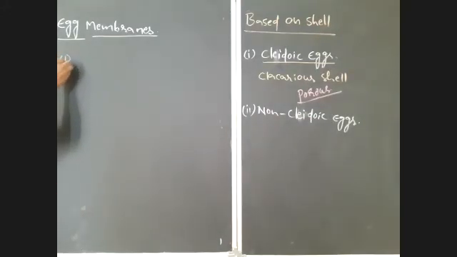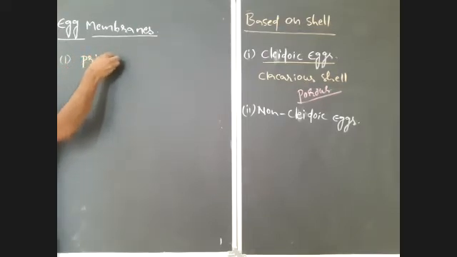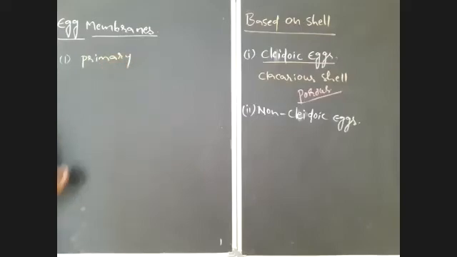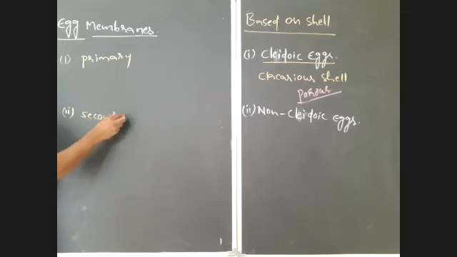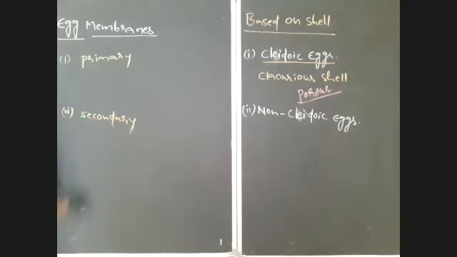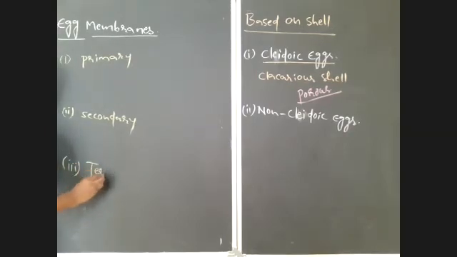The first one is primary egg membranes. The second is secondary egg membranes. And the third one here is tertiary egg membranes.